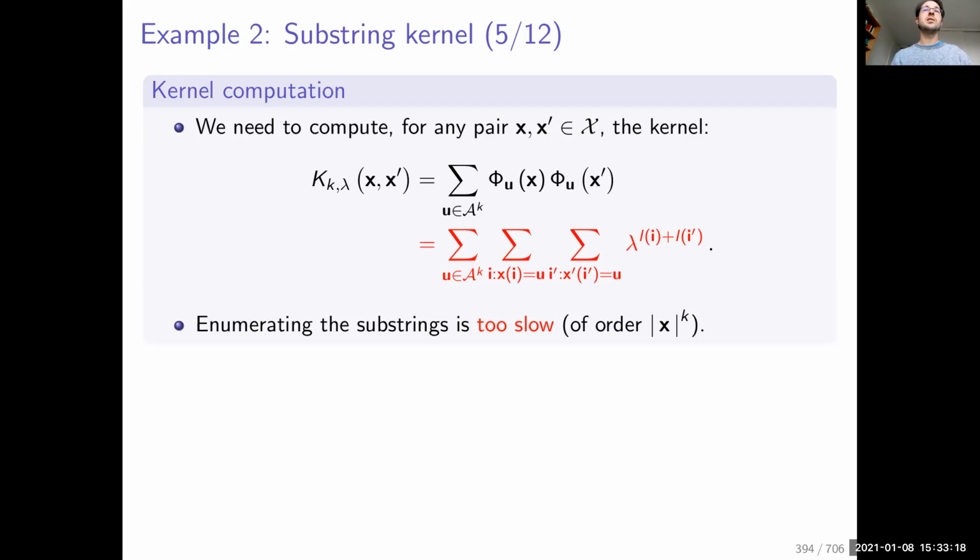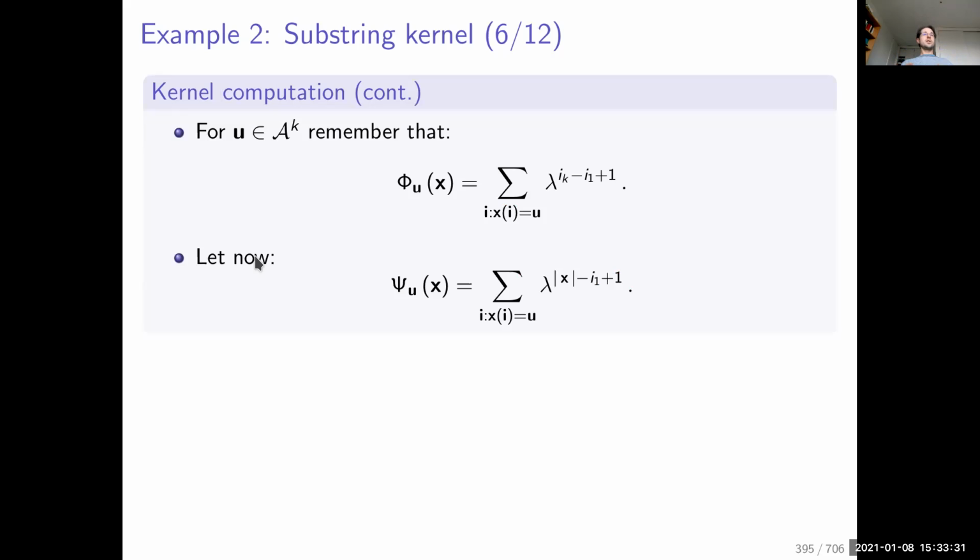Something which is nice: this is exactly what I said, if you plug in the previous formulas, you would get an enumeration which is just intractable. Now, it turns out that there is something nice going on here, which is that this previous computation has a particular structure.